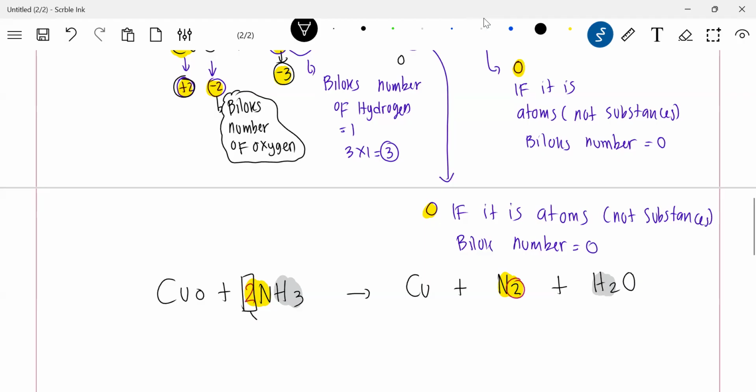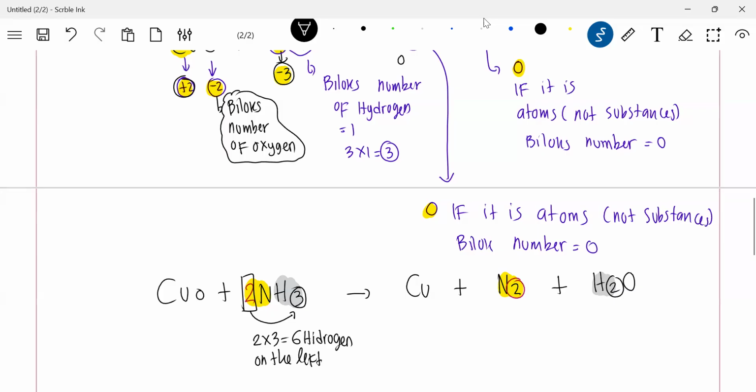So 2 times 3 is 6, so 6 hydrogen on the left. On the right only 2.